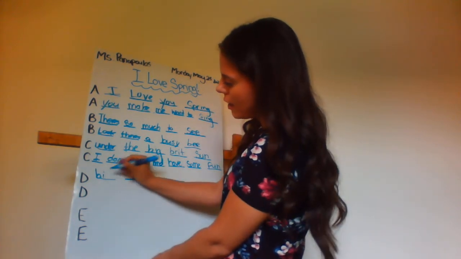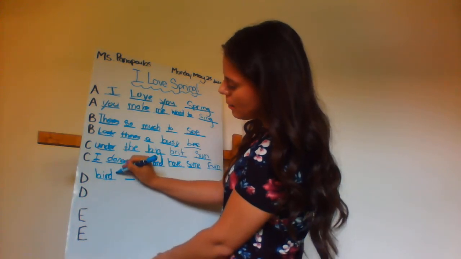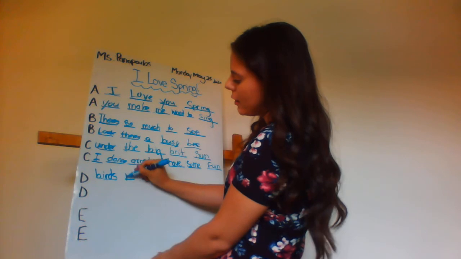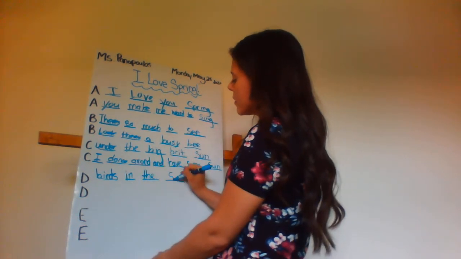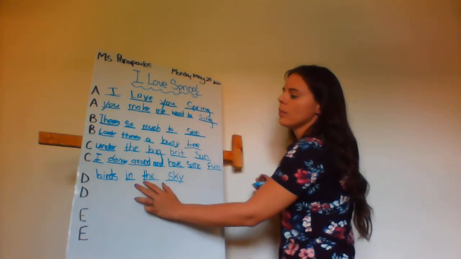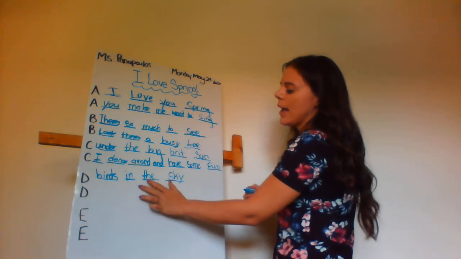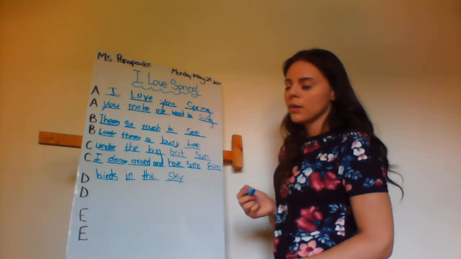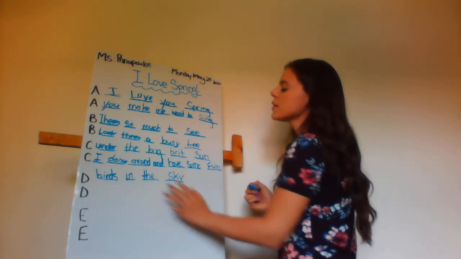Making an I. Birds in the sky. Okay, these 2 are more easy because we see these 2 words when we read. We see them a lot when we read, and that's why there are sight words. Birds in the sky.